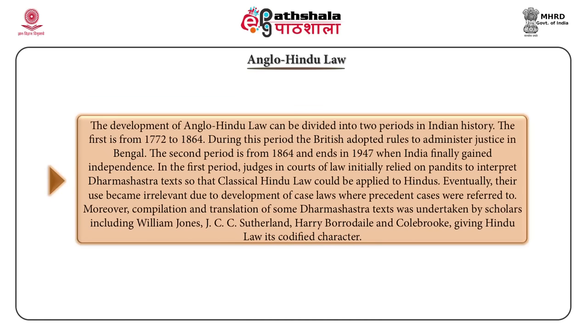And it wasn't until the emergence of British jurisprudence within India, when various Anglo judges and practitioners began to translate and systematically organize Dharma texts to come up with a codified Hindu law.